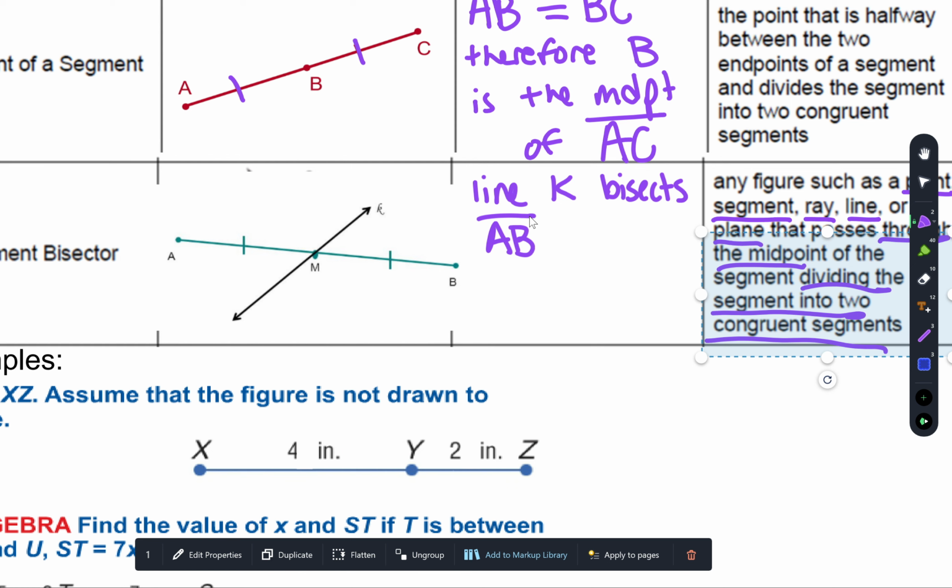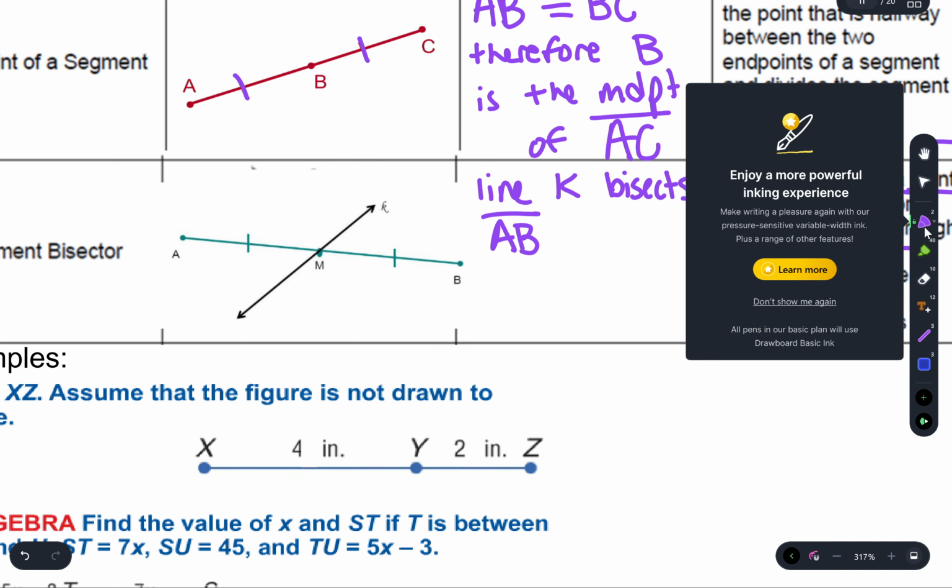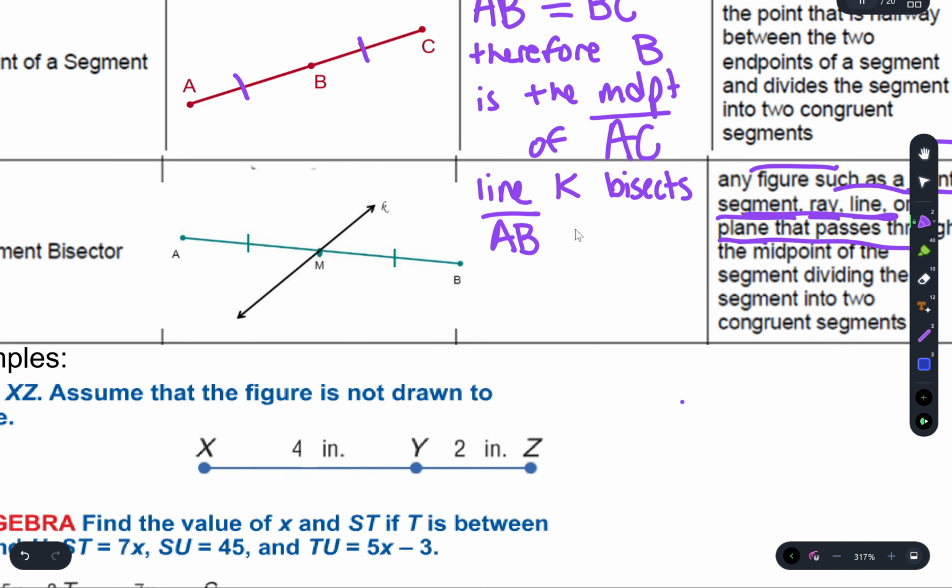Therefore, because we know that that's a bisector, those two pieces are congruent.